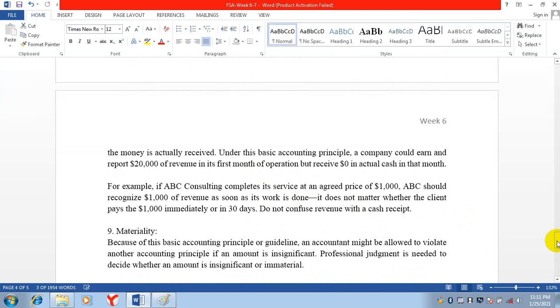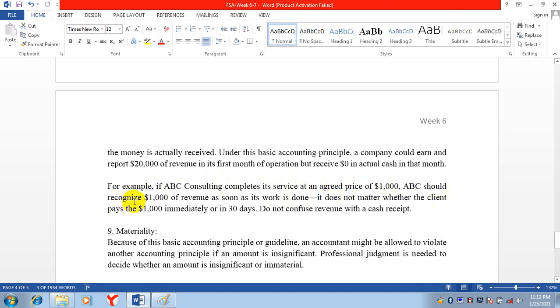Now here is an example. For example, if ABC Consulting completes its services at an agreed price of $1,000. There is an agreement that ABC Consulting will provide services for $1,000.